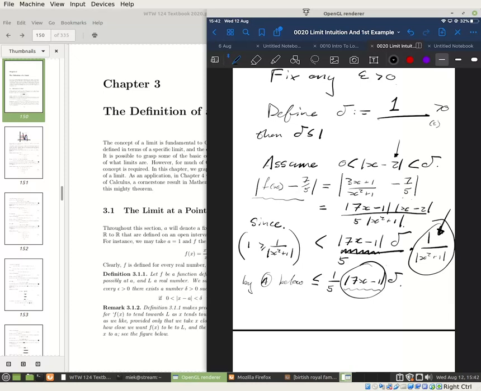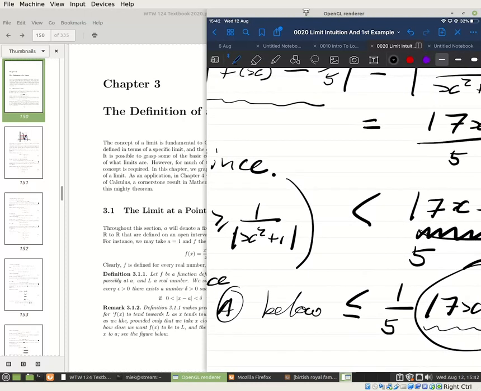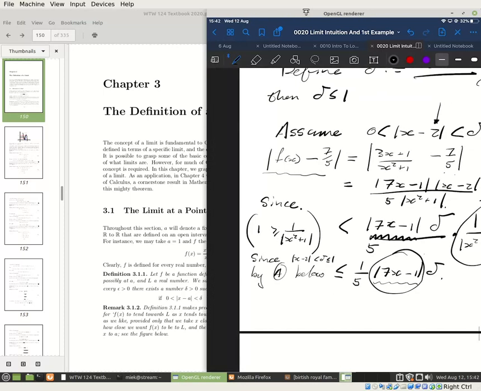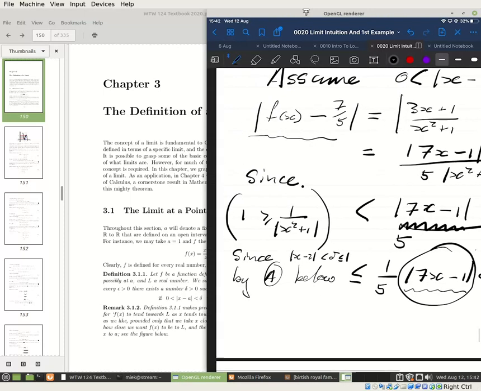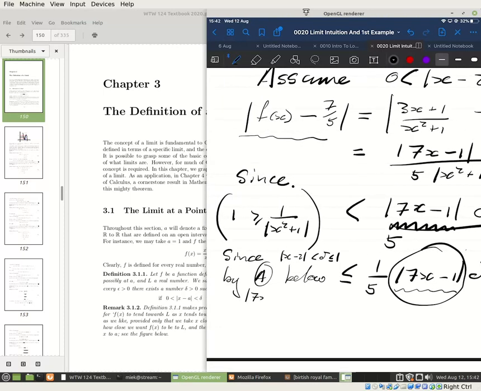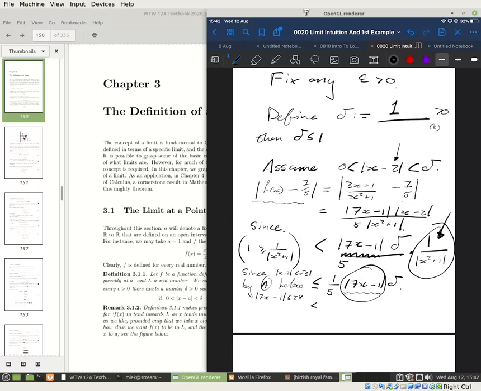what do we have? Let's write it this way. Since |x - 2| is less than delta, which is less than or equal to 1, by a below, we've got |7x - 1| is less than or equal to 28. So here we justify that step.